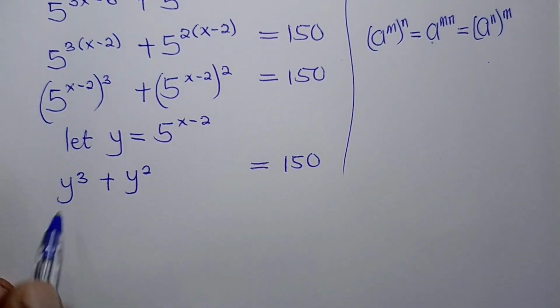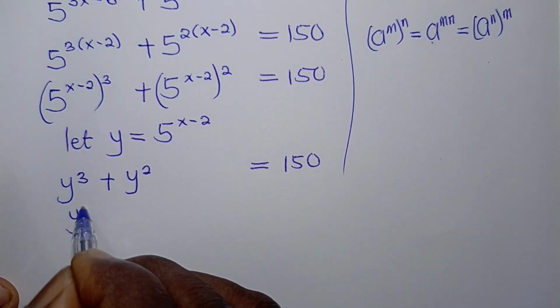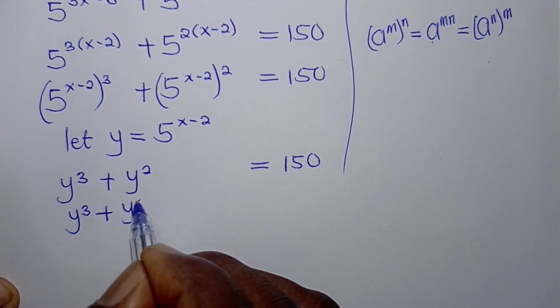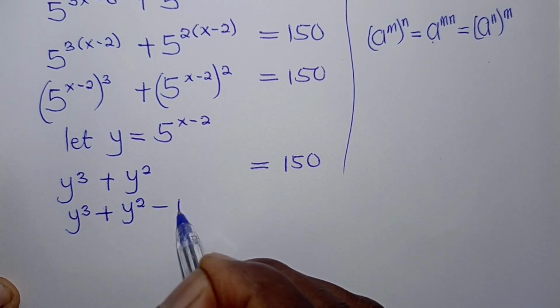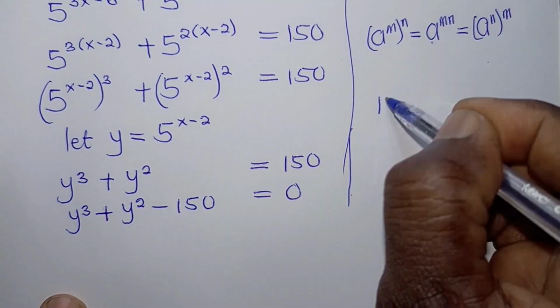Good. So here we can send the 150 across, and we have y to the power 3 plus y squared minus 150 equals 0.